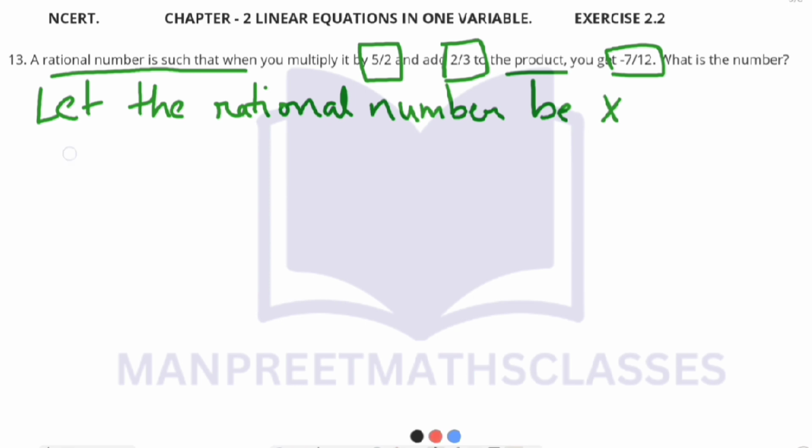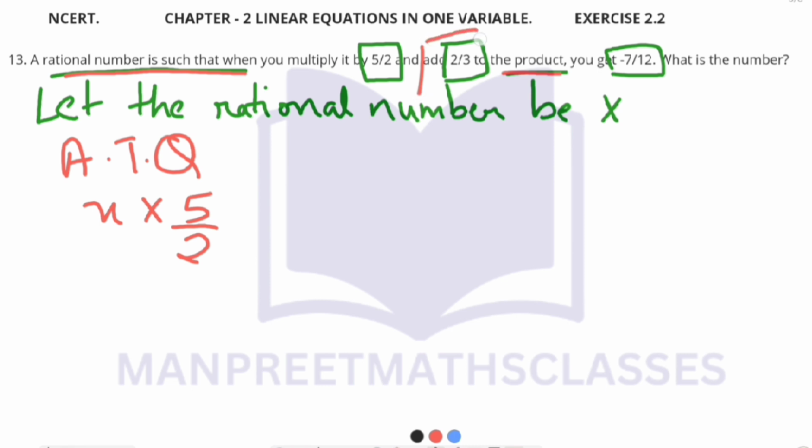Now we have supposed the number. So according to the question, what it is saying, a rational number is such that, this is a rational number, when multiplied by 5 upon 2, we multiplied it by 5 by 2 and got a product, and now we need to add 2 upon 3. So we'll add 2 upon 3 to the product. Next it is saying you get minus 7 upon 12. So the final answer we are getting is minus 7 upon 12.